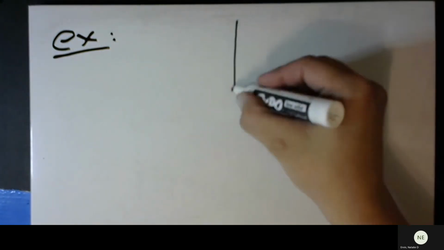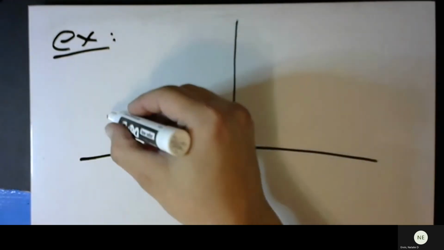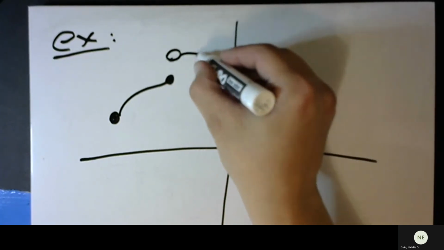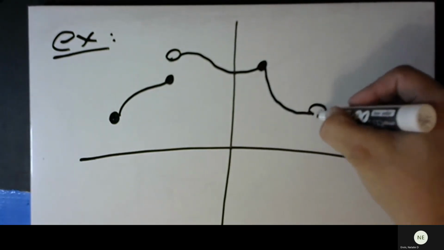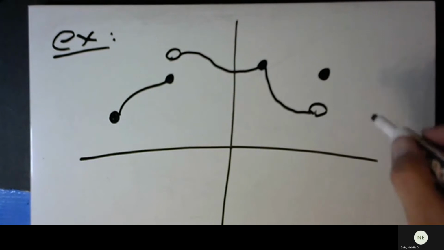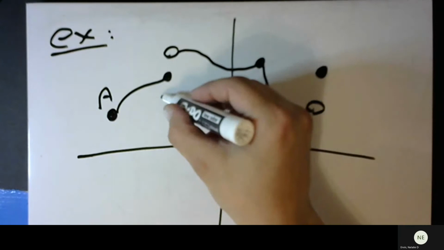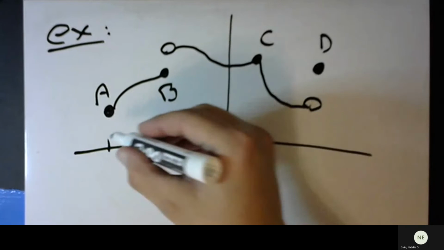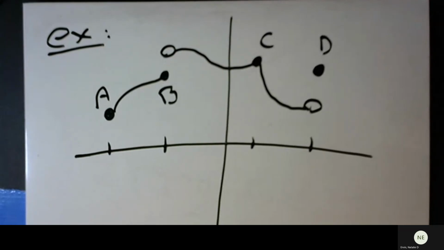So let's say we have our Cartesian plane here. Say we have something like this. We'll call these points A, B, C, and D. And so what kind of continuity are we looking at?